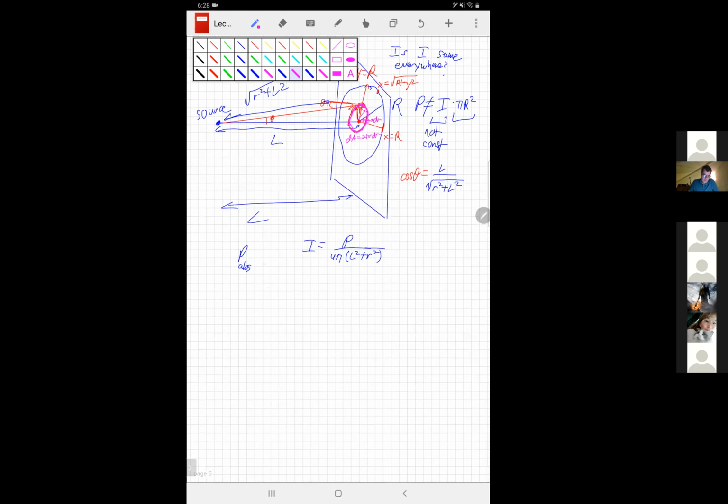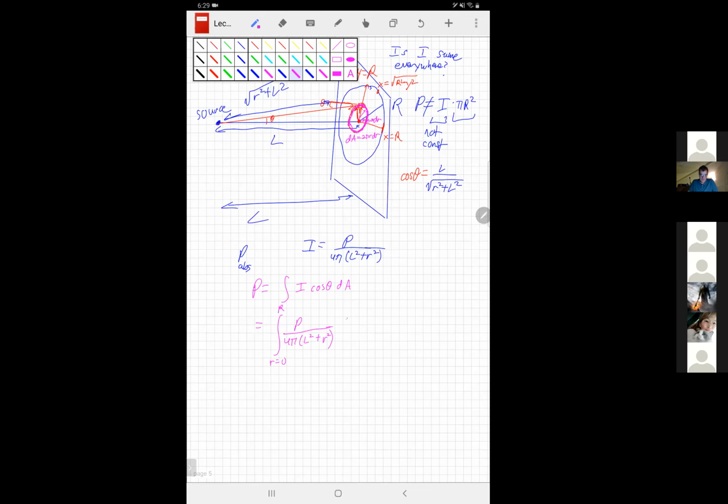So when we put all of that together, P is the integral of I cosine theta dA. We're integrating from r equals 0 to big R. I is the power over 4 pi times L squared plus R squared.